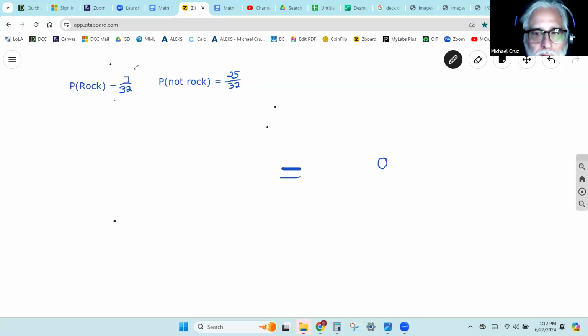So this right here is A, and this is B. This is what we call the probability of success, the probability that we do pick a rock song. And this 25, the numerator of the probability we don't pick a rock song, is B.